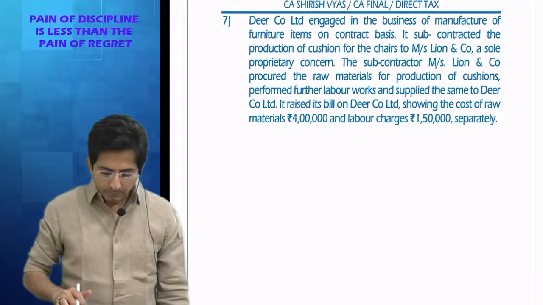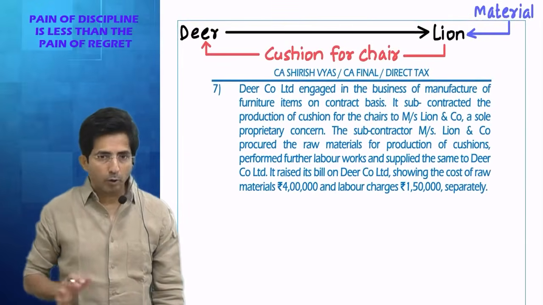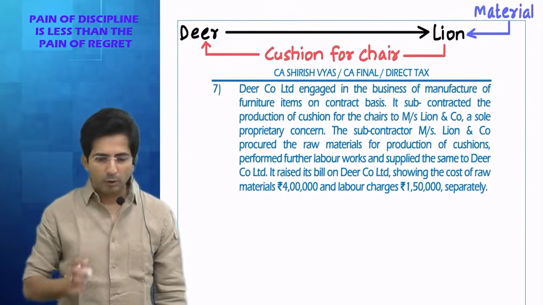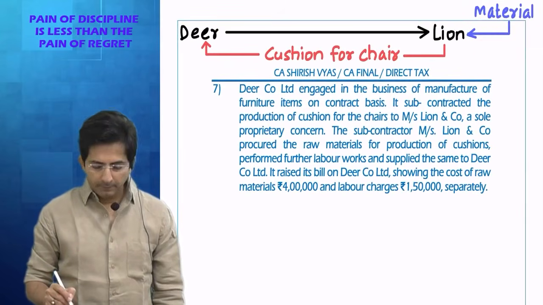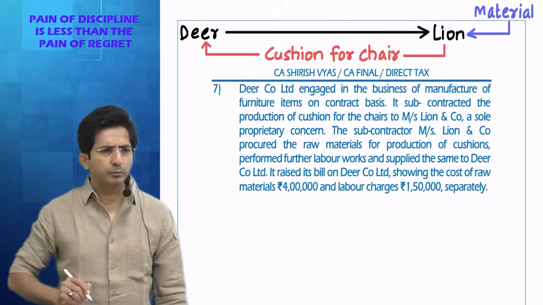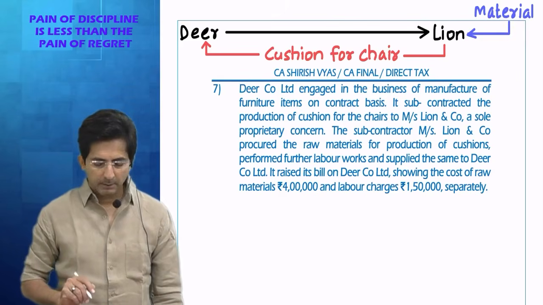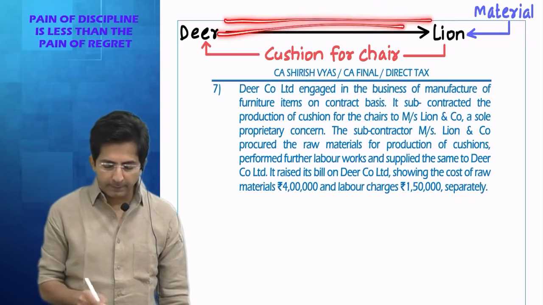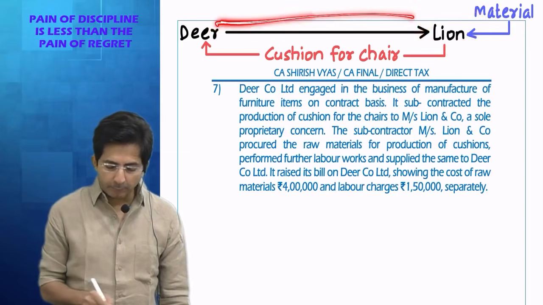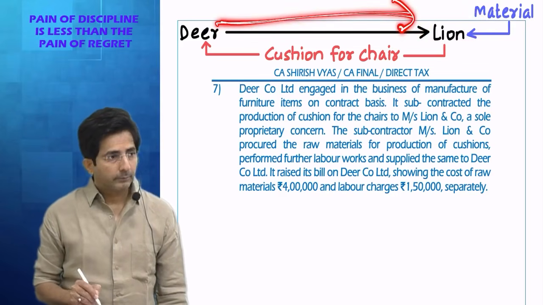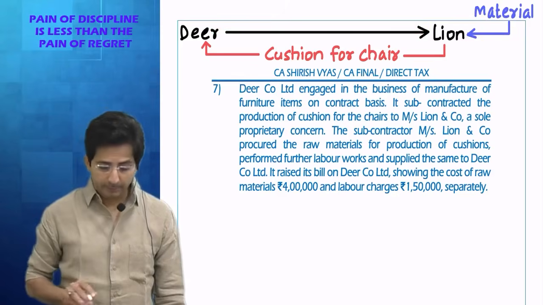Then, in short, will TDS apply or not? According to my assumption, TDS will not apply because the material is procured from outside. By chance, if I assume that material was also supplied by Deere, meaning Lion purchased the material from Deere only, then it's a works contract.